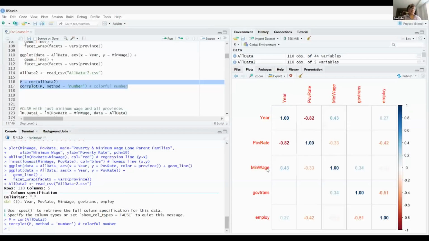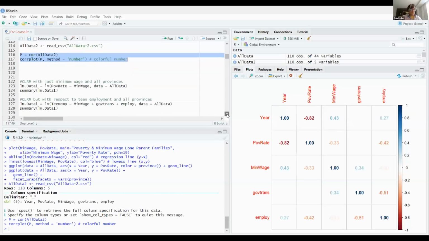Yeah, this is odd, suddenly it's not coming up, and I'm not sure why. Okay, let me try again. Yeah, okay, it's because I minimized RStudio. Can you see it now? Yes.